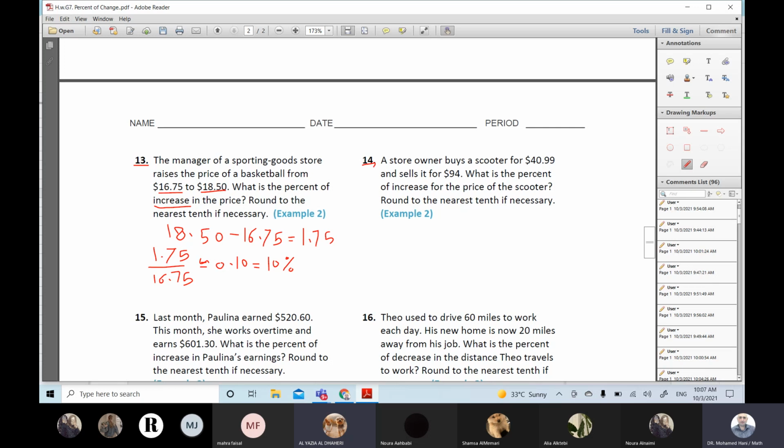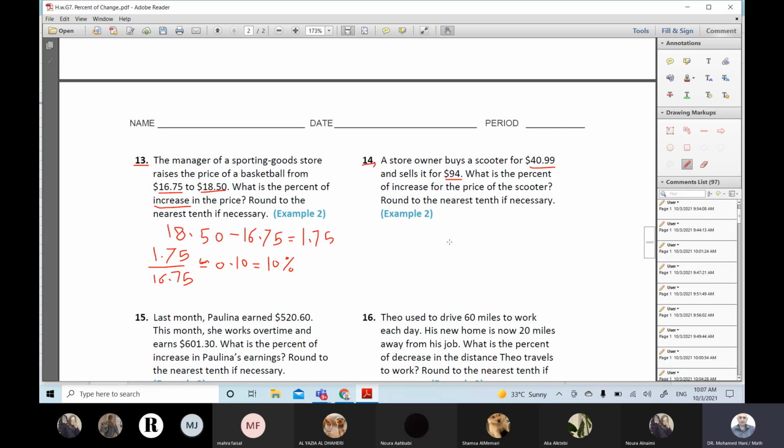What is the percent of increase for the price of the scooter? Round to the nearest tenth if necessary. Okay, thank you, Aliazia. Great. I will add to you 2 marks.